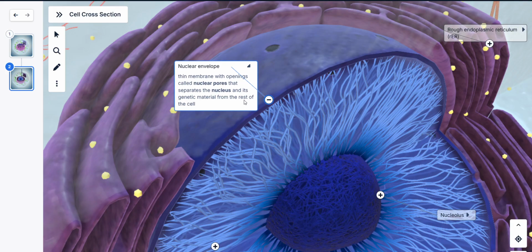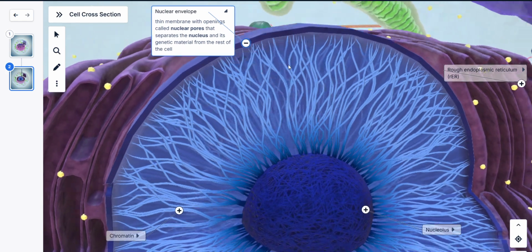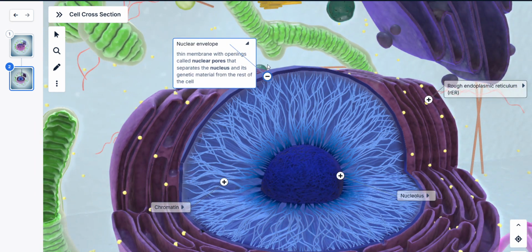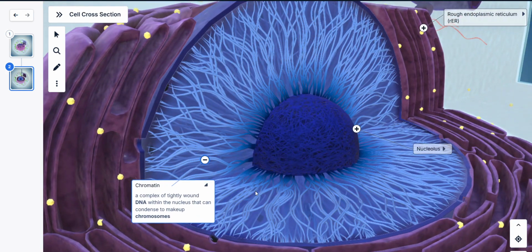Okay, so inside the nucleus is the genetic material. Then we have chromatin. So chromatin is a complex of thickly wound DNA within the nucleus that can condense to make up chromosomes.